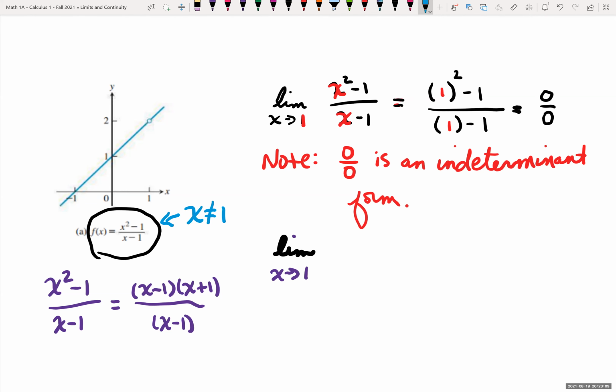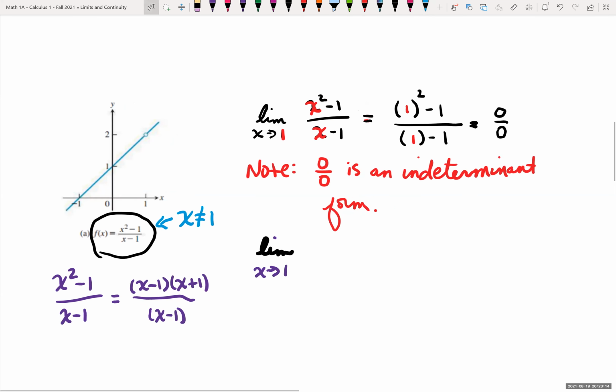So if I go in here to this function f of x and I simplify it, we get back that really f of x is equal to x plus 1, with the stipulation that x can't be 1.